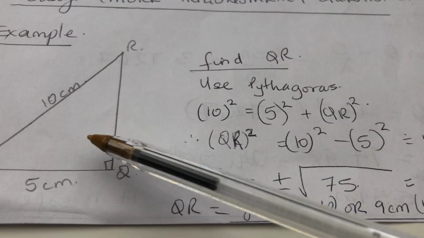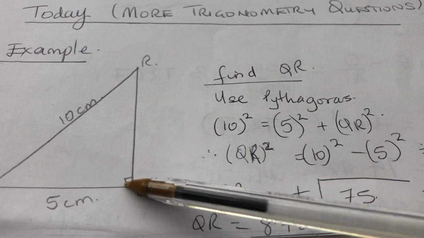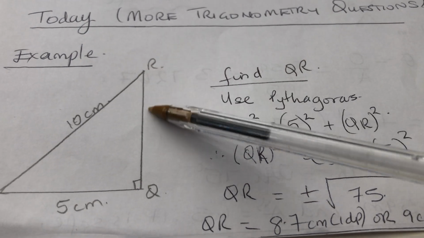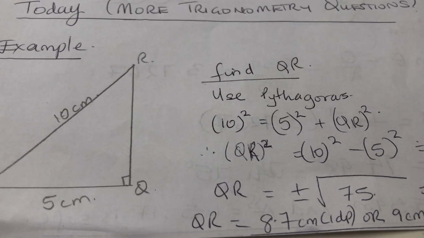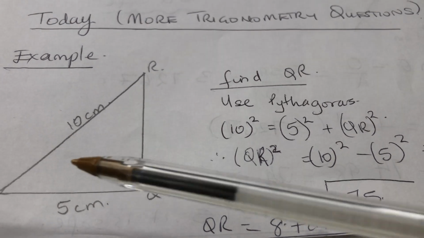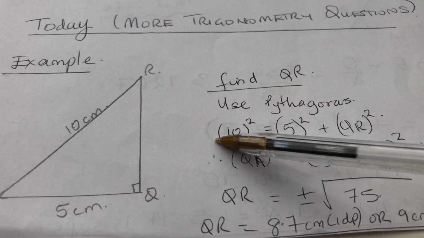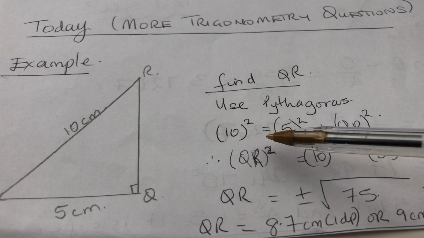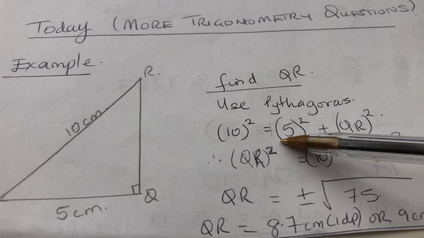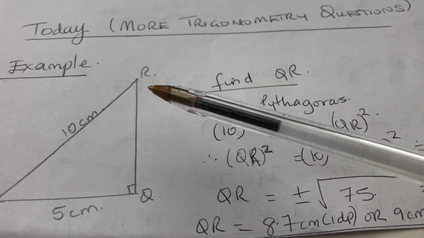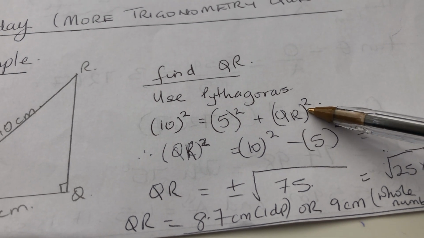Now the question says find QR, so we are finding this distance here. Because we are finding this, we are going to use Pythagoras. There is no angle involved here. So the hypotenuse is 10 centimeters, all squared, equals 5 centimeters all squared plus RQ or QR, what we want, all squared.